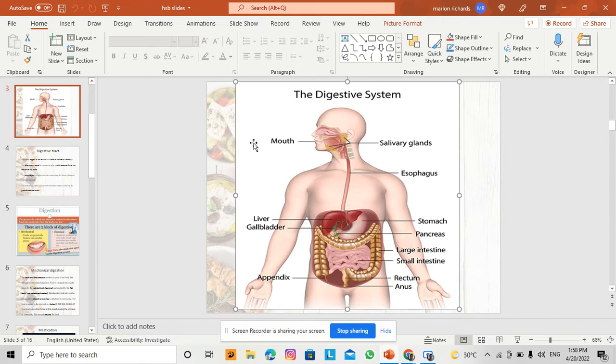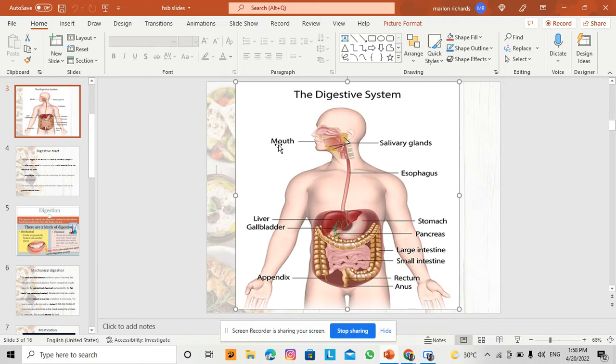Now, first we will be looking at the mouth. Briefly, we are not going into deep detail. We are going to do the basics and then move on. So we know that the mouth is the physical site of action in the process of digestion, right? It is said to be the physical site of action because the mouth can be seen, so it is physical to our human eyes.